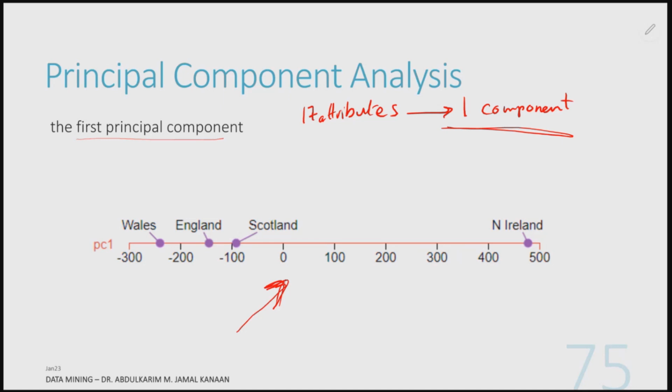Now, obviously, immediately we can spot Northern Ireland is quite different from the others, right? So Northern Ireland is quite different from Wales, England, and Scotland by applying principal component analysis. Why? Because each one value of those has actually retained the key information from the 17 food attributes. So immediately we can see Northern Ireland is different in overall difference from the other three countries.